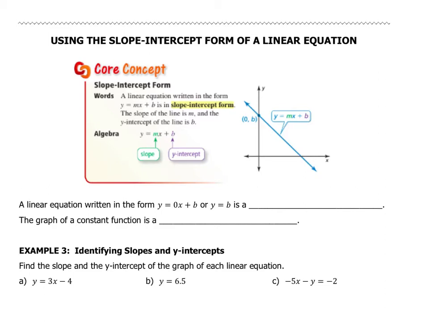When we have a linear function written in this form, y equals 0x plus b, notice how the 0 in front of the x would cause the x to disappear, and it would just give us something like this. Then we call that a constant function.